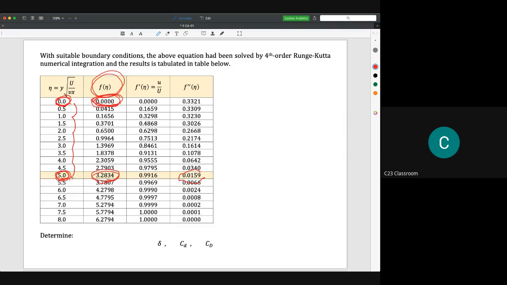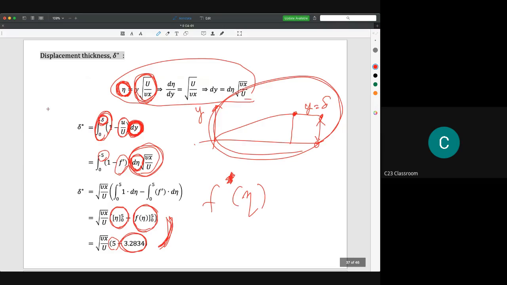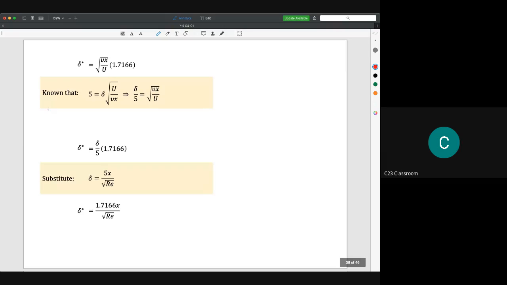Another might be more specific, with 0.1, 0.2, 0.4, and so on. So the values fluctuate depending on the precision you put in your eta. Then if you calculate, you could get this one.